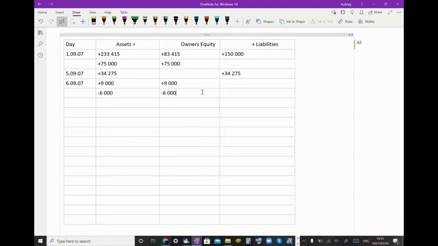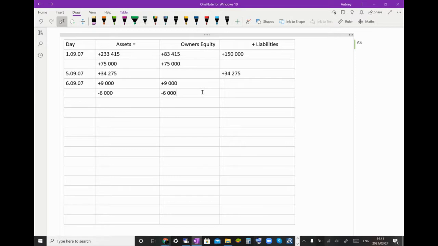Otherwise, if for any reason you went the other way around and first recorded the minus 6,000, you would still be right. But I think it's easier to say I made a sale, let me deal with that first and then move on to the fact that your inventory has decreased. Okay, cool. Then we move on to the next transaction, where it says paid casual wages from petty cash, 600. So which accounts are affected?